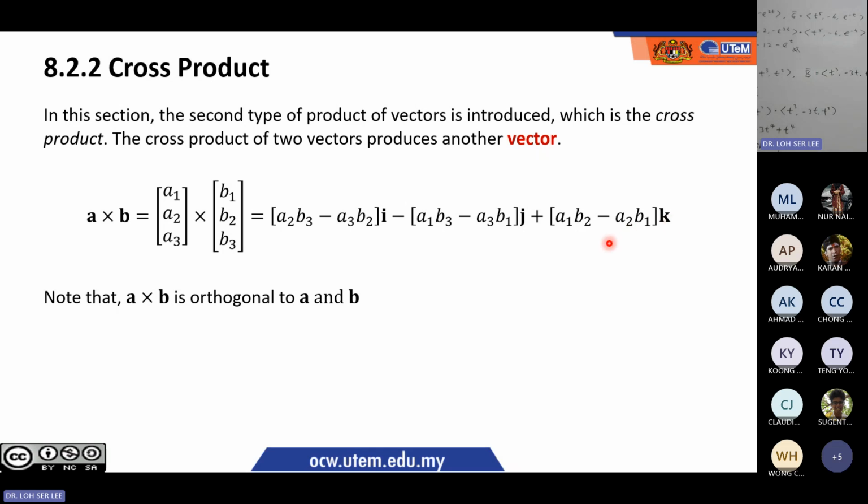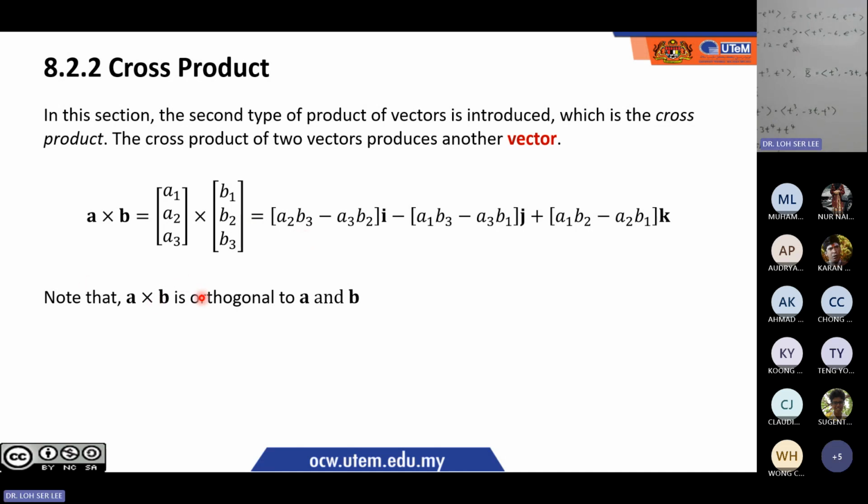And for the component function of k, you cover the last row and apply AD minus BC. But if you use this way, make sure you put a negative for the second component. You have to remember to put a negative if you use this way to get the cross product.